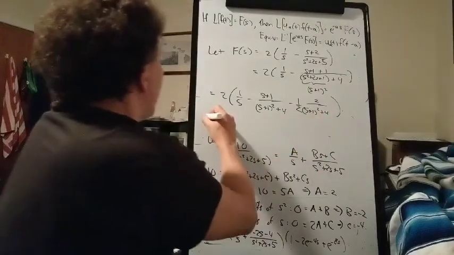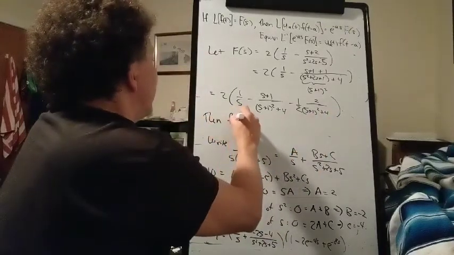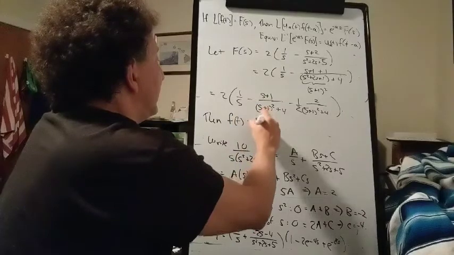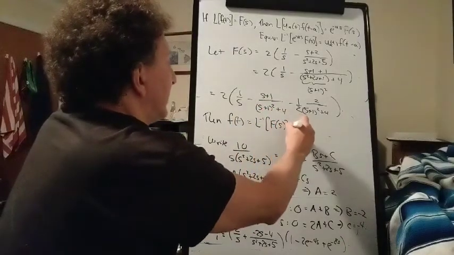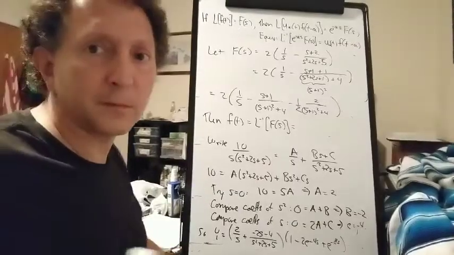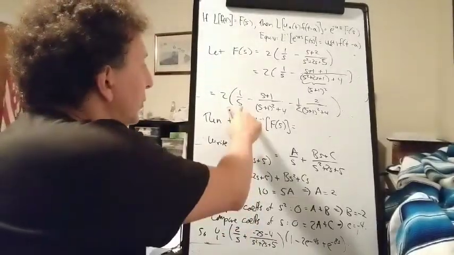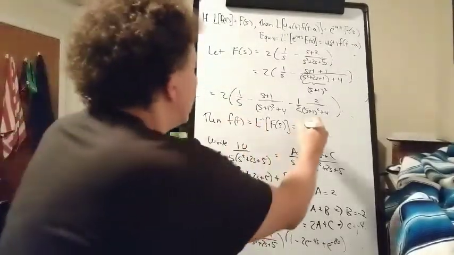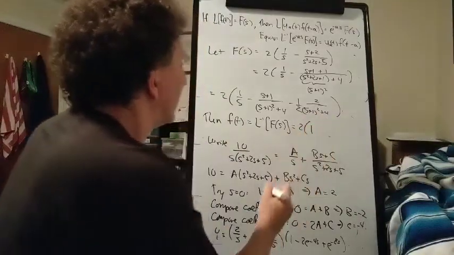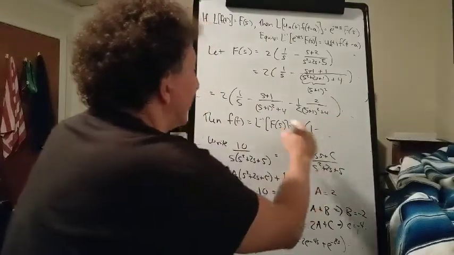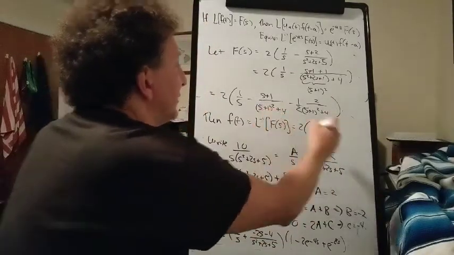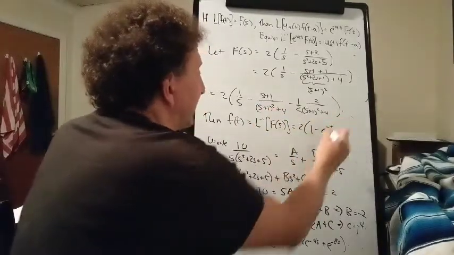So then f of t is the inverse Laplace transform of capital F of s, which is, so we've got 1 here. Then this part looks like cosine of 2t, but times e to the negative t by the first shifting theorem.